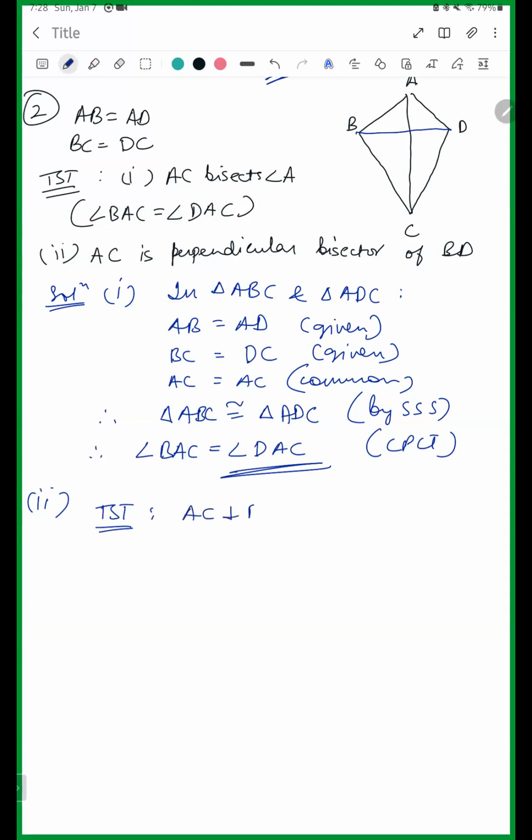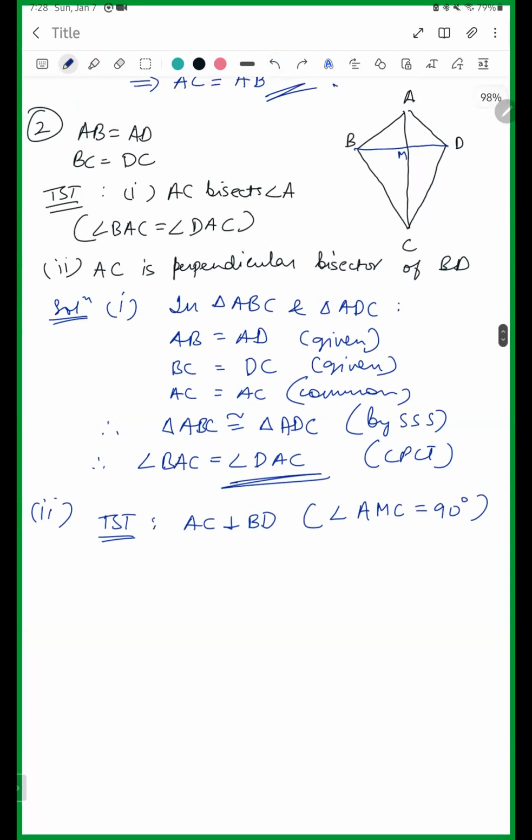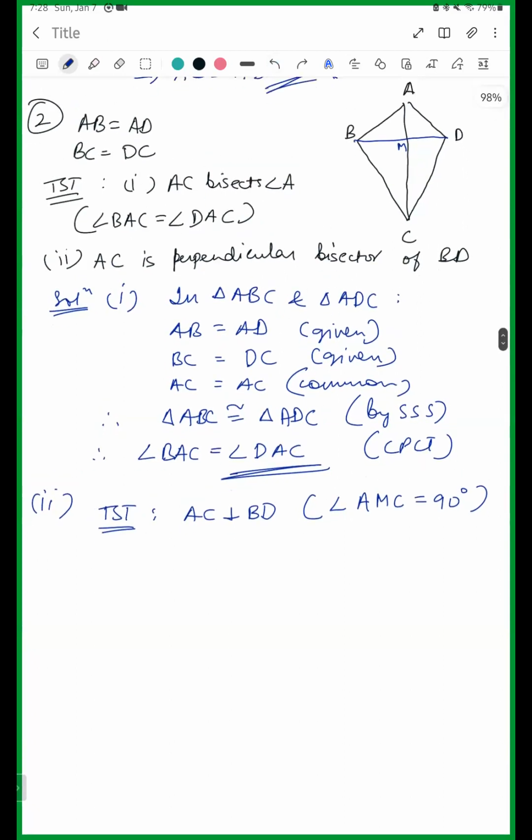Let's call this point M. Angle AMC is equal to 90 degrees. If you show one of them as 90, then the rest also become 90, because they form linear pairs, or are vertically opposite angles. So you can show only one and say similarly for the rest.